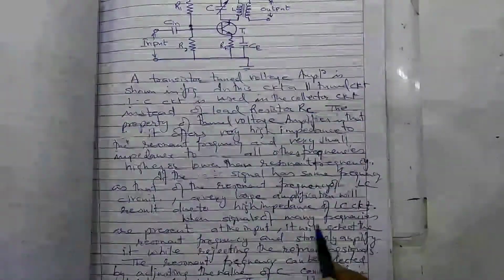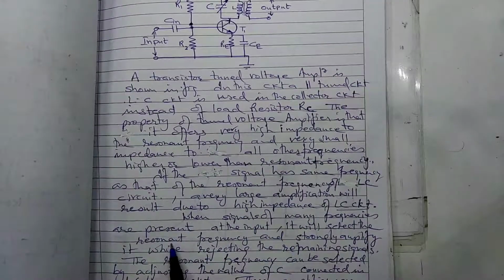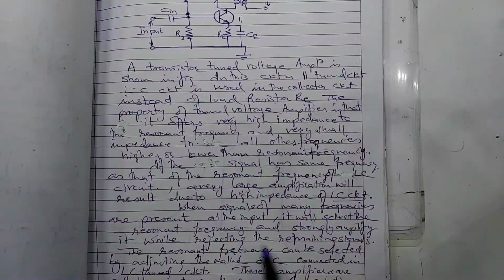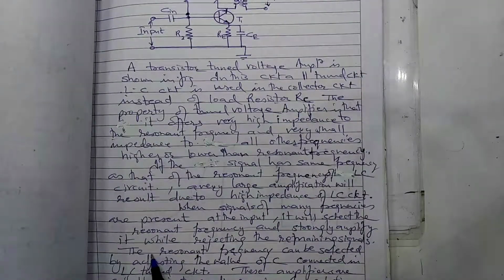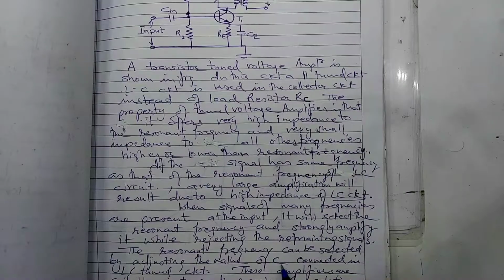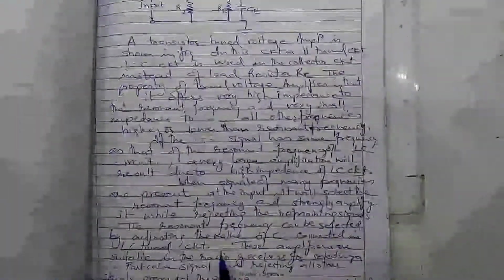When signals of many frequencies are present at the input, it will select the resonant frequency and strongly amplify it while rejecting the remaining signals. The resonant frequency can be selected by adjusting the value of C connected in the LC tuning circuit.